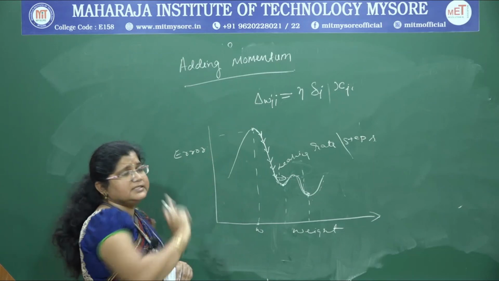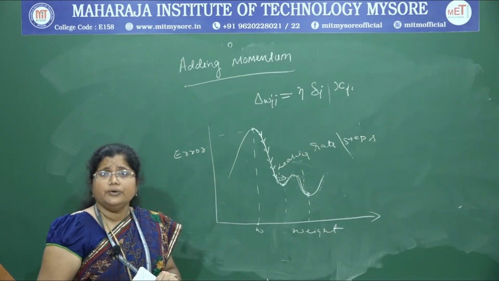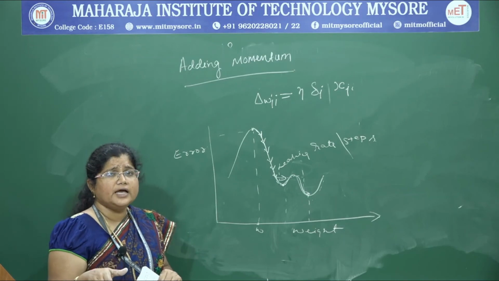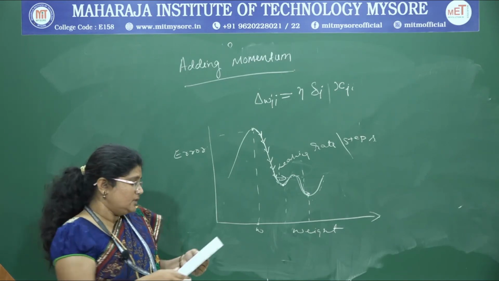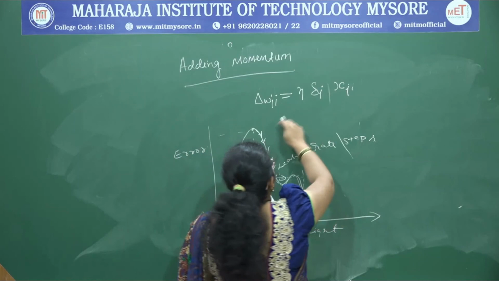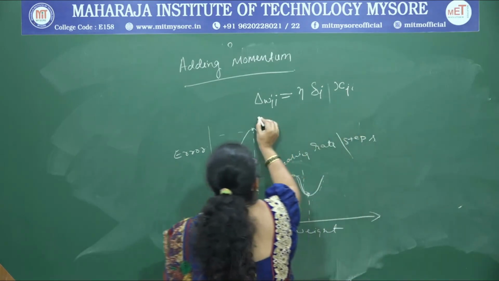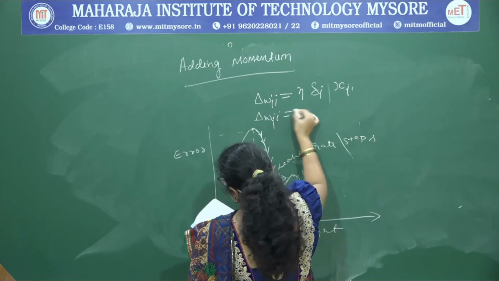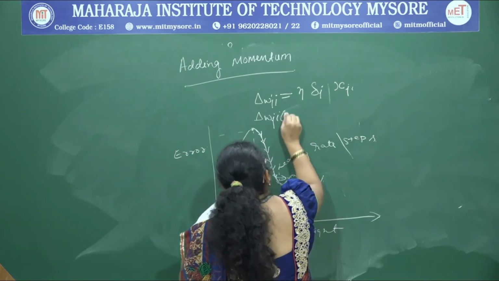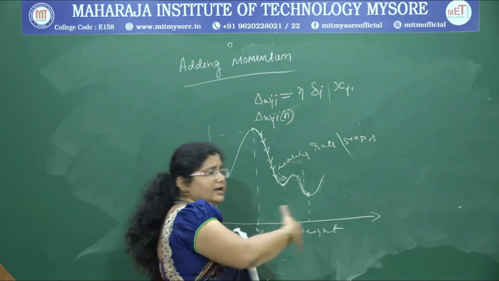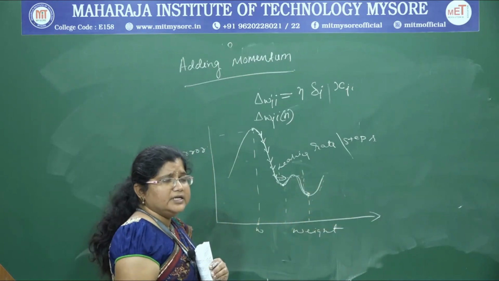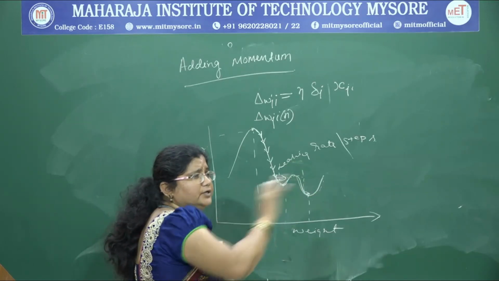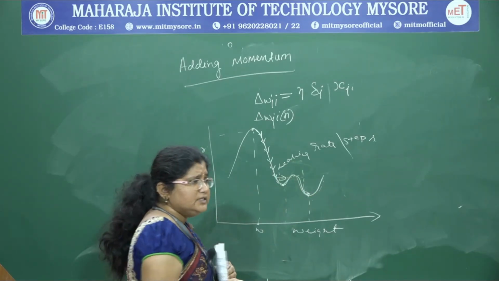So for this equation, we add another term, which we call the momentum term. Along with this we add, delta Wji of n, where n is the iteration number, in which we come across the ith unit or jth unit.